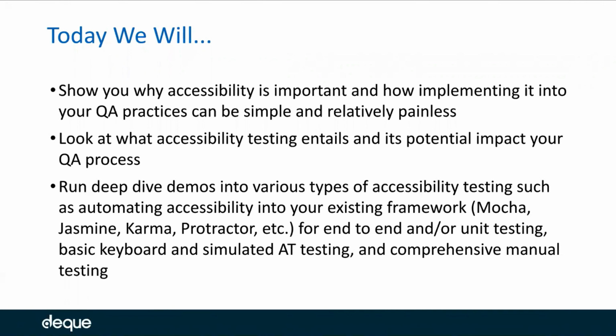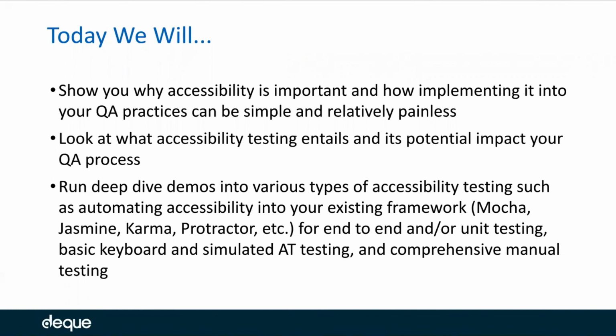And then once we've gone through a couple of slides and talked about those concepts, we'll jump into some demonstrations of QA testing for accessibility, looking at automated testing that may be part of your CI/CD pipeline. This is for any of you out there that are QA automation engineers. We'll take a look at a couple of end-to-end and unit testing frameworks and how automation and accessibility can play together.